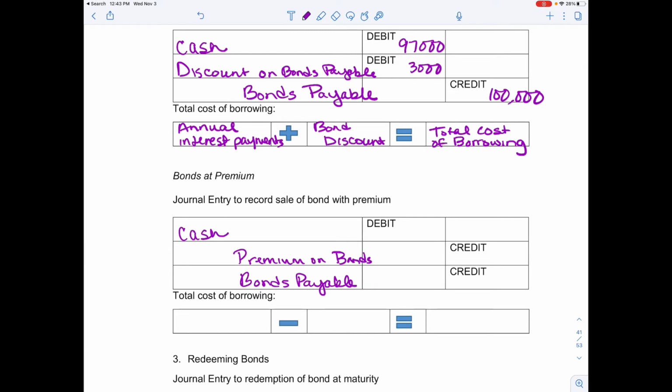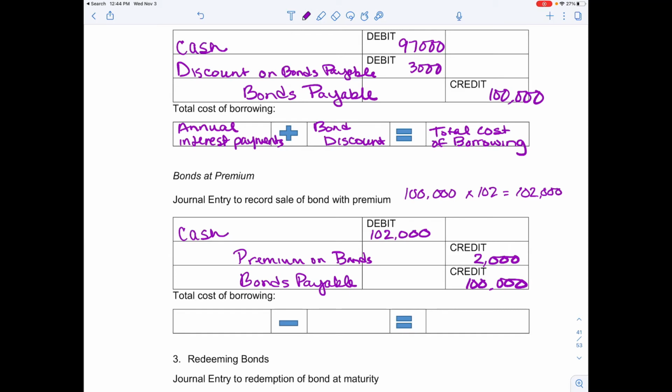So what happens here, again, we'll give you a little quick example. Let's say it's selling at 102, which means we're getting $102,000 for this bond. Our cash is at 102,000. I still only have to pay back that 100,000, and that premium is recorded for the difference.